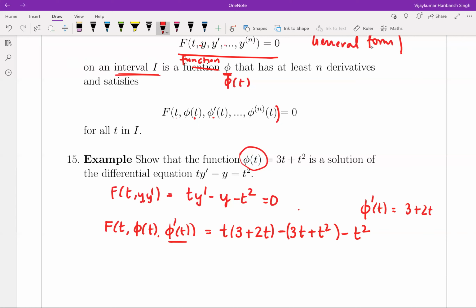And see what we get out of this. This is 3t plus 2t squared minus 3t minus t squared minus t squared. So 3t and 3t get cancelled. 2t squared minus t squared also get cancelled. So you get 0. So indeed, phi of t is a solution.